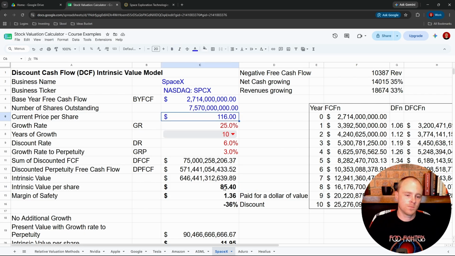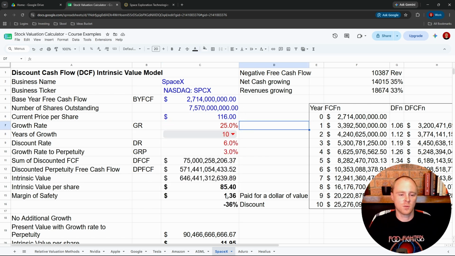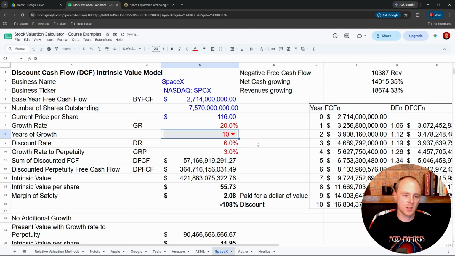So without exceptional news coming out of the business and even more rapid growth than that, we're not being compensated for it. Now, if that was a 20% growth rate, just so you can see the bounds of it and how much this growth rate can impact it, it would be worth $55 if the growth rate was less.